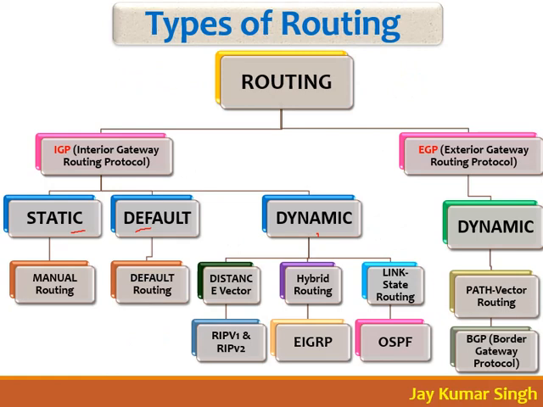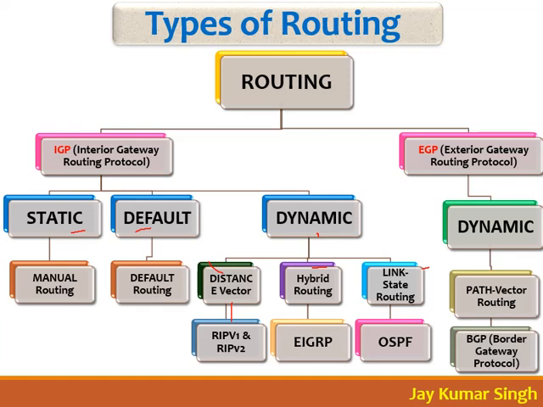Dynamic routing has three different types of routing protocols. One is known as distance vector routing protocol, the second is hybrid routing protocol, and the third is link state routing protocol. RIP is part of the distance vector routing protocol, which calculates distance, like how many hops away I am from source to destination.